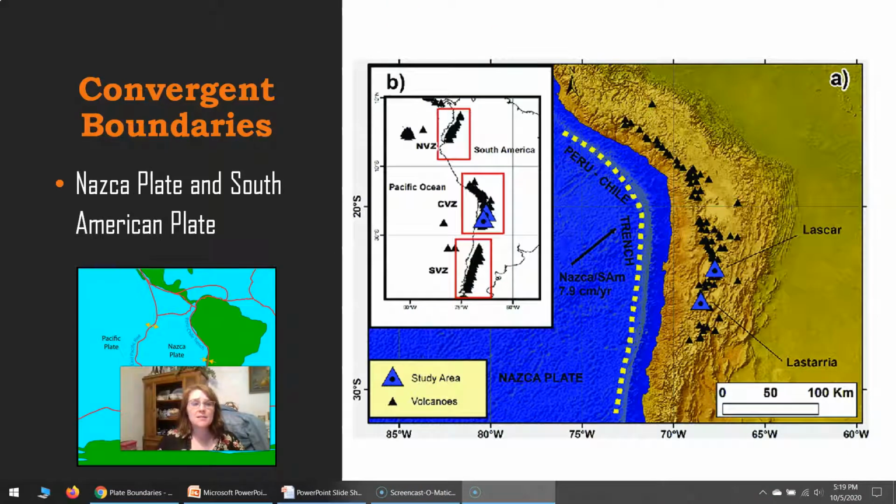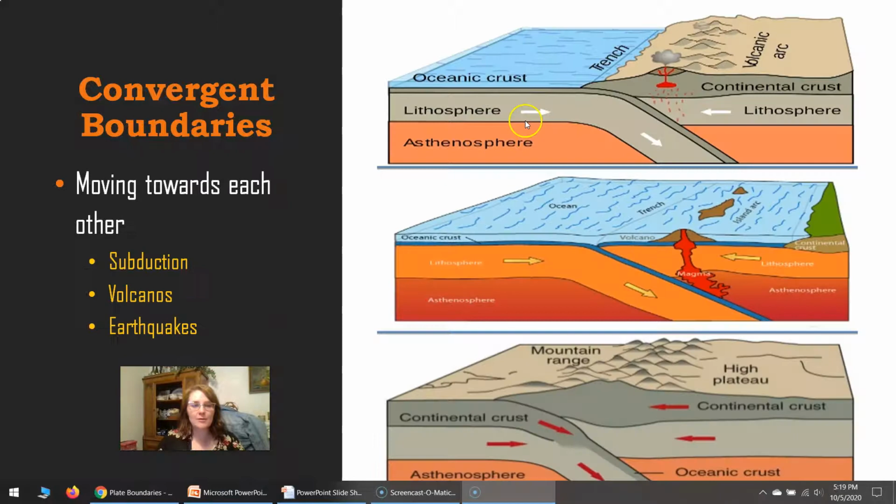So here's an example of a convergent boundary, and this is one of my favorites. Oh, you know what? Let me go back to this really quick. Okay, so one of the big features that I forgot to mention about crust subducting under another layer of crust is that you're going to get what's called a trench. If you've ever heard of the Mariana Trench, that's the deepest part of the ocean, and it's an example of a trench where you have one oceanic crust going under continental crust.